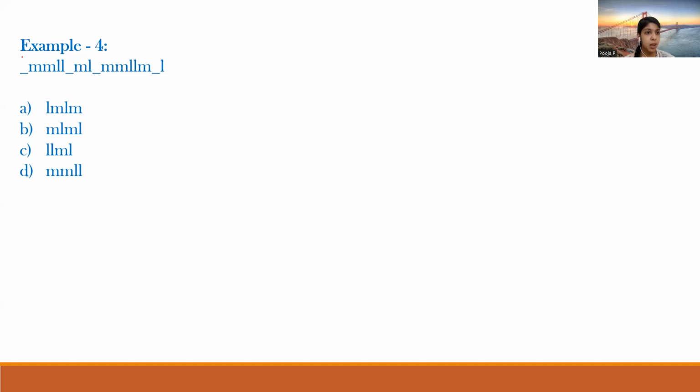The first option, so you have L, M, L, and M. So L, MM, LL, MM, LL, MM, LL, MM, L. Okay, so it starts with an L, ends with an L. Every other time there are two Ms and two Ls alternating, right? So this technically is supposed to be the correct answer. You can try it with other options as well. They will not fit in correctly.